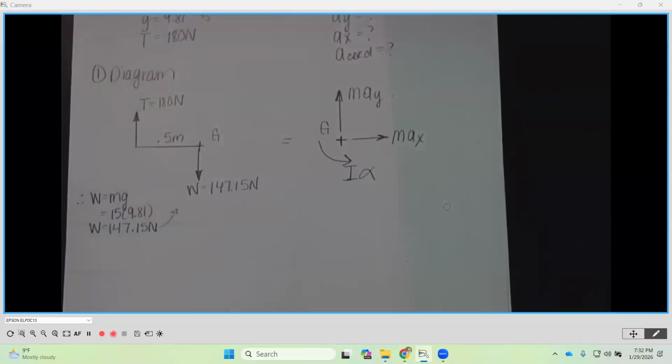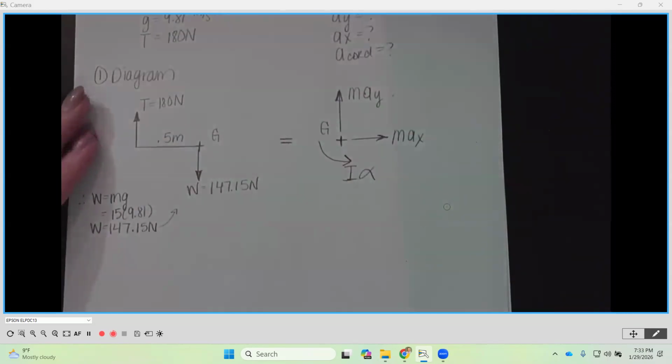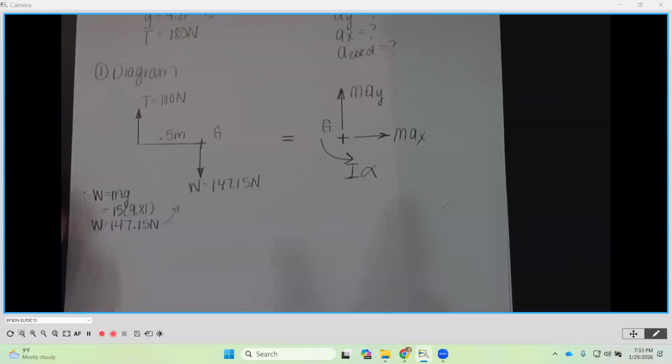If you put your direction or forces on this side or this side in the wrong direction, you're going to end up with a negative value, and then you'll know that you have to change it. Our math is going to let us know that we didn't do that correctly. So I'm actually intentionally putting it in the wrong direction so we can correct it along the way, just in case you notice that.